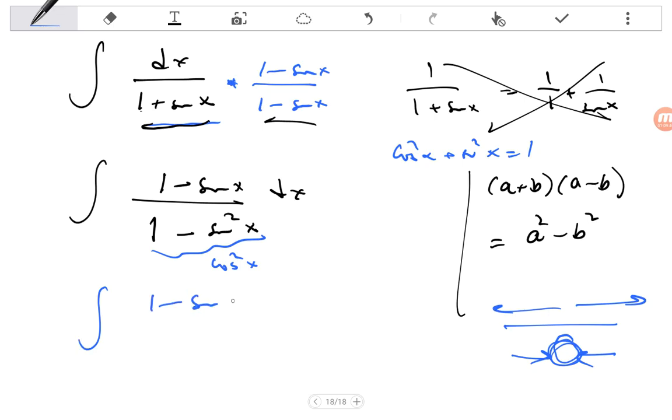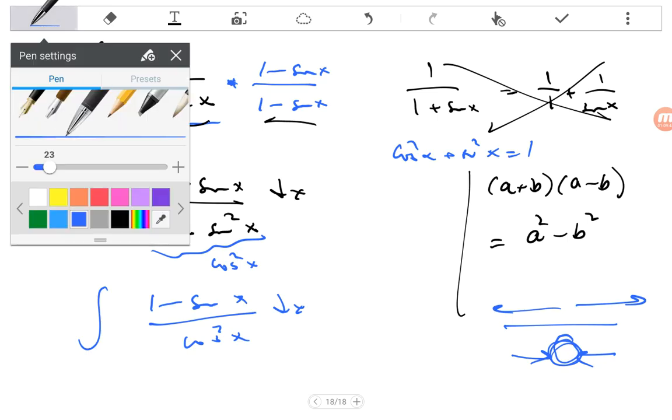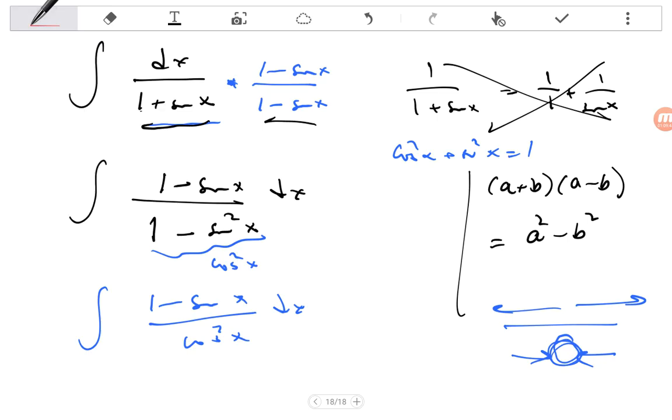Now look at this expression: 1 minus sine x over cosine squared x. The original problem had two terms in the denominator, but by multiplying with the conjugate, we managed to make the denominator one term instead of two, and that is an advantage for us.